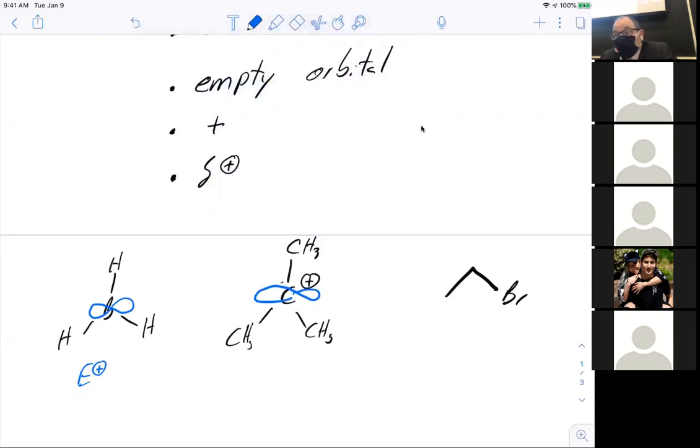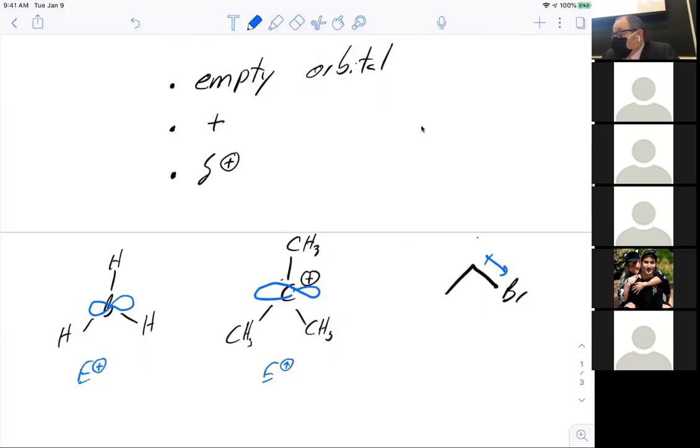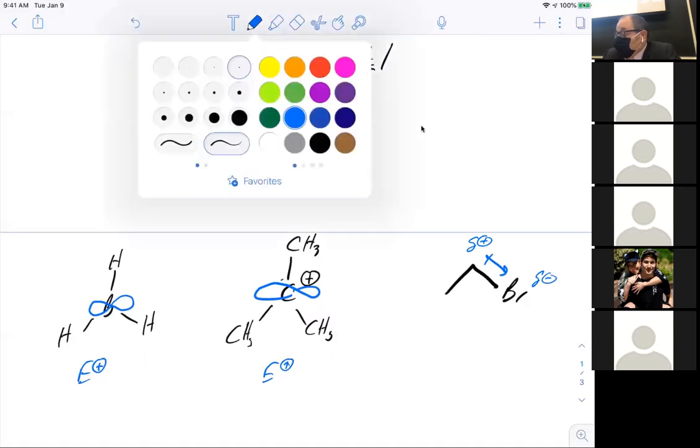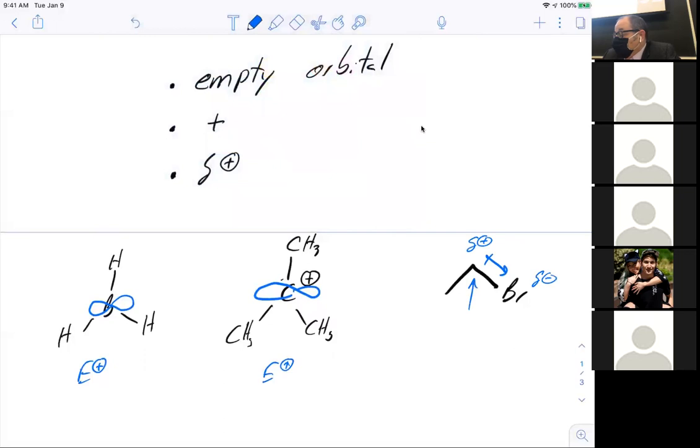So this one's got a positive and its empty orbital, the positive signifying that it's got an empty orbital. So therefore it's electrophilic. And then the last one, we have a dipole moment that goes towards the bromine. It's more electronegative than the carbon. So that gives me a partial positive, partial negative. Because it has that partial positive, that position is electrophilic. Okay.